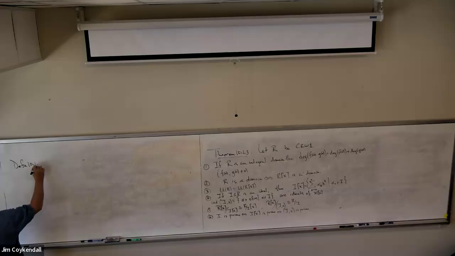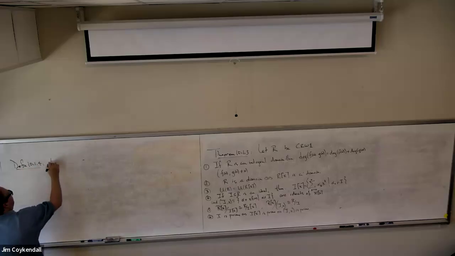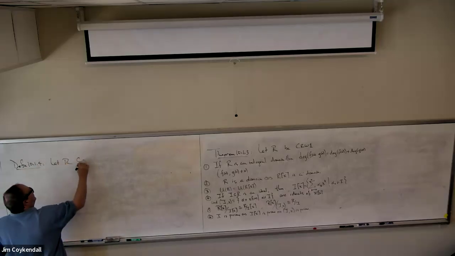Definition 10.4. Again, let R be a commutative ring with identity.